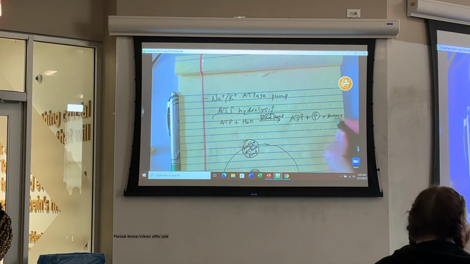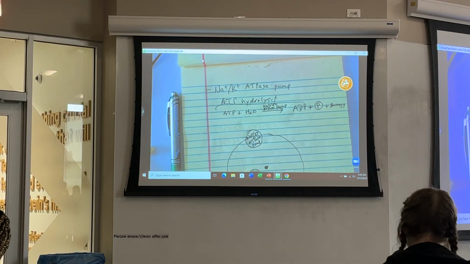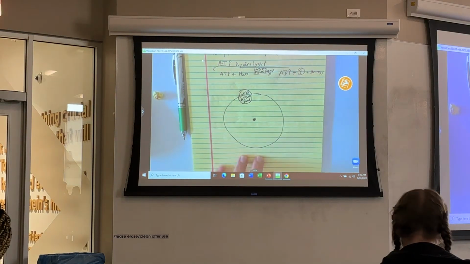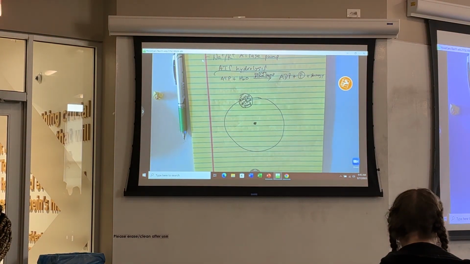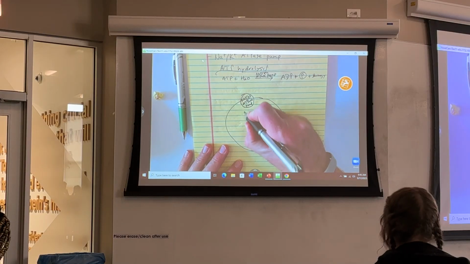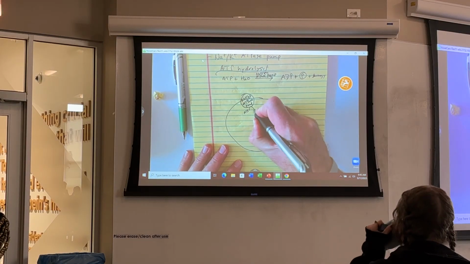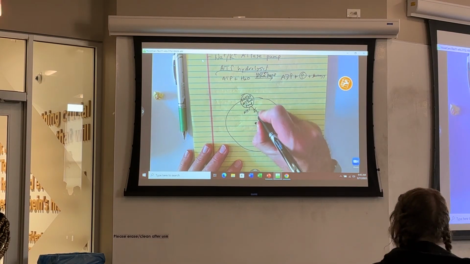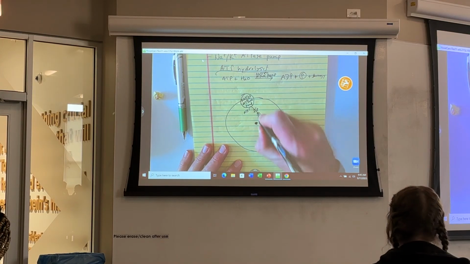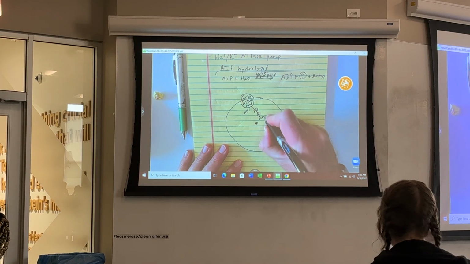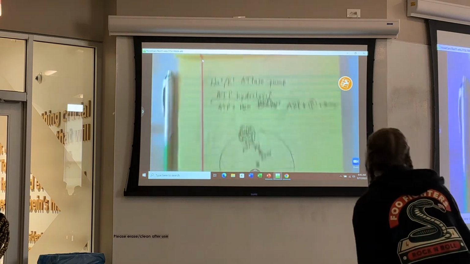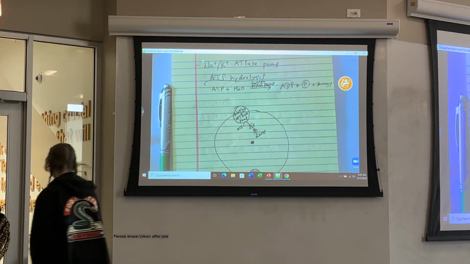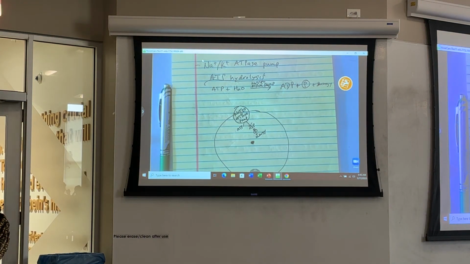Okay, so the sodium potassium ATPase pump, now I drew a cell. Let's put this in context. It hydrolyzes that ATP and converts that energy, that stored potential energy, into kinetic energy. What does it move? How many in which direction? Talk to a neighbor.